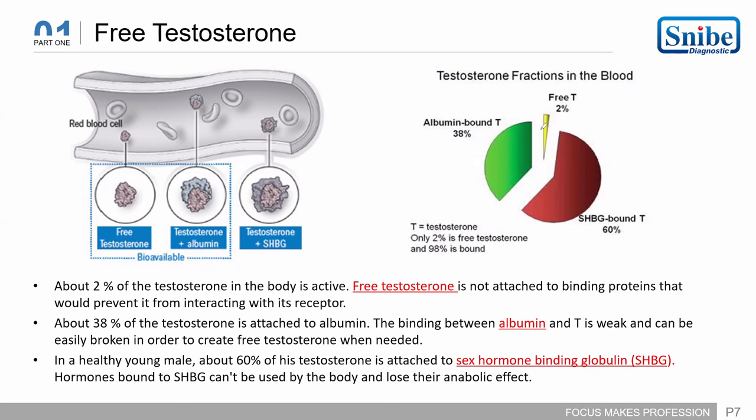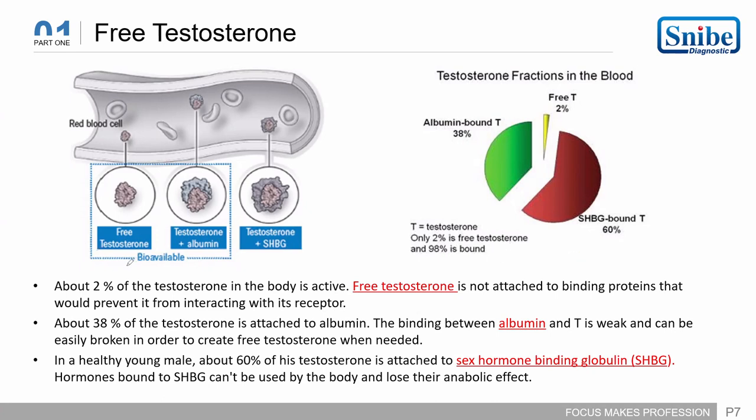About 38% of this testosterone is bound with albumin, and this binding between albumin and testosterone is weak and can be easily broken in order to create free testosterone when needed. But in a healthy young man, 60% of his testosterone is attached to the SHBG, and SHBG bound testosterone cannot be used by the body and loses its anabolic effects.